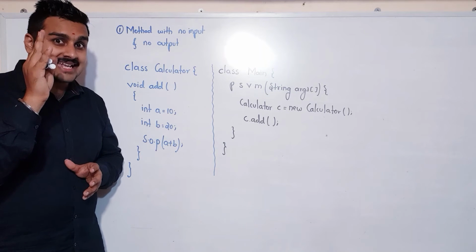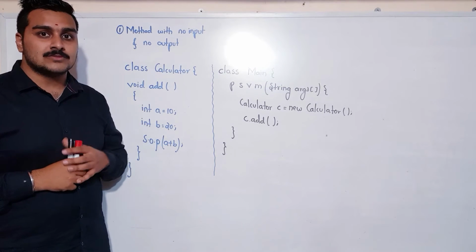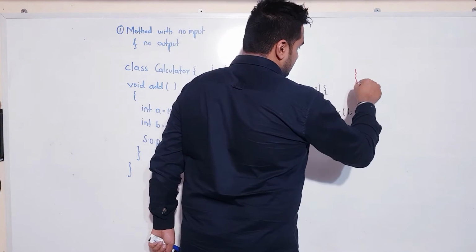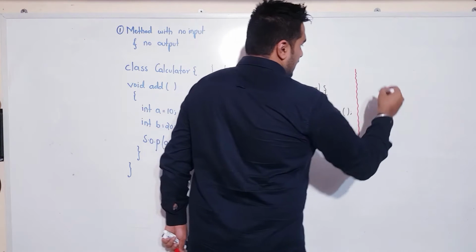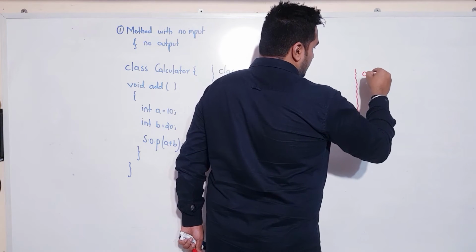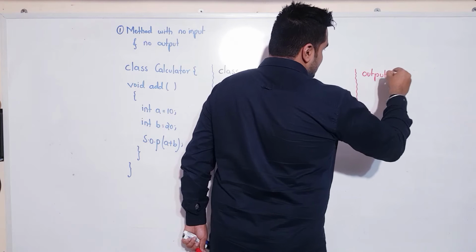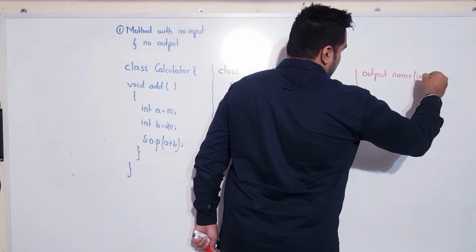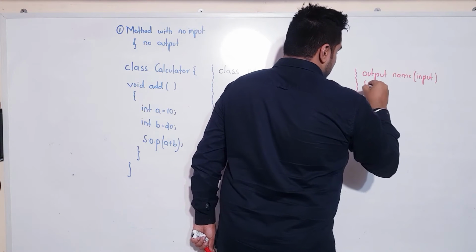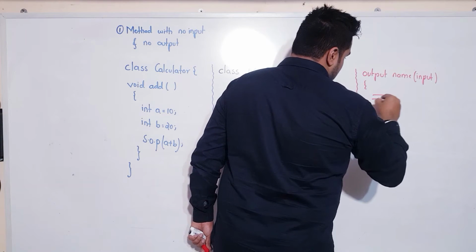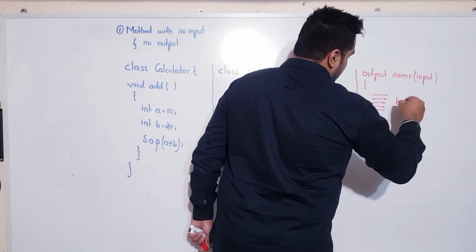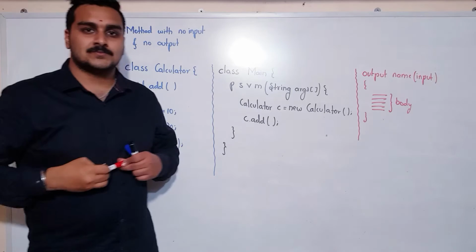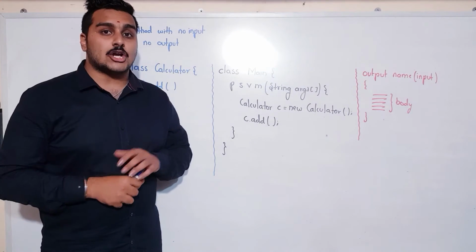Now, how is this an example for a method with no input and no output, sir? If you remember the syntax of a method that I had given you, the syntax of a method is something like this: output, name, input, and inside this it is the body. Now, which is the method that you are talking about?